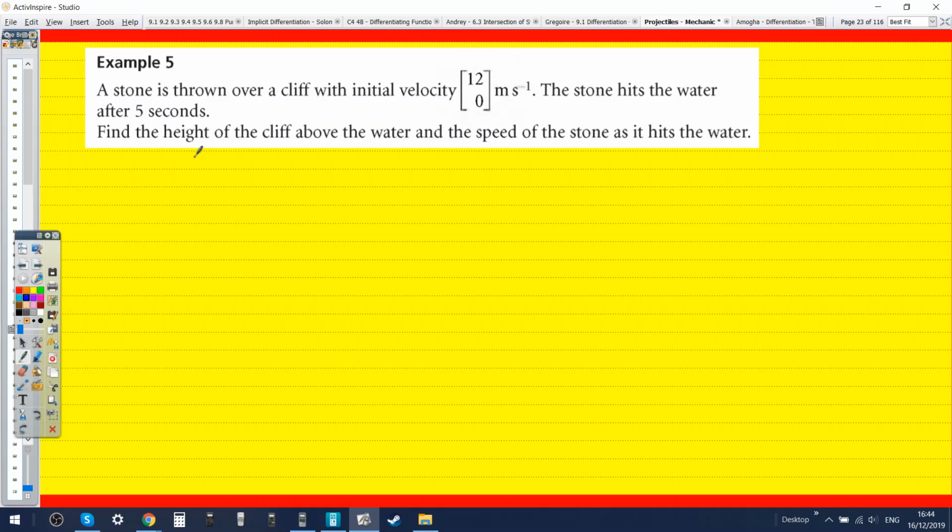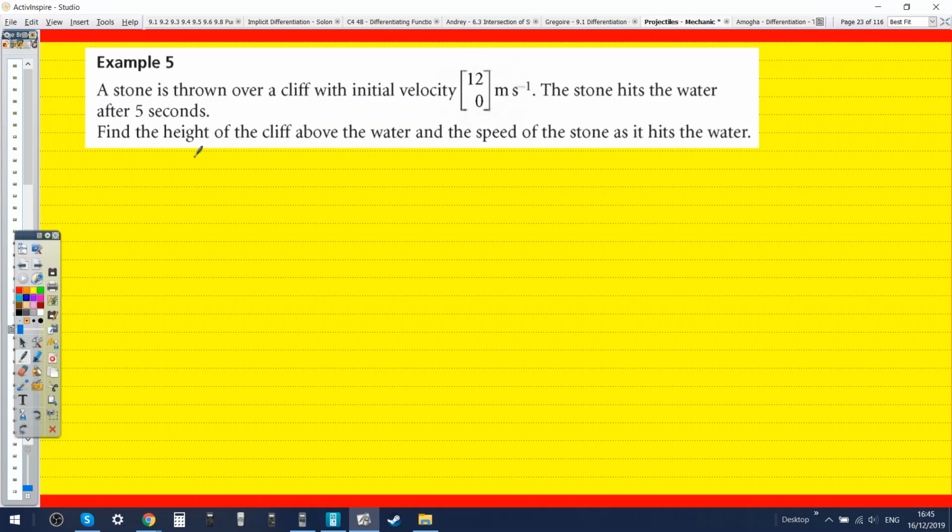I believe so, but it's in the horizontal direction, in the i direction. So do we need to find the height first? The stone hits the height of the cliff.